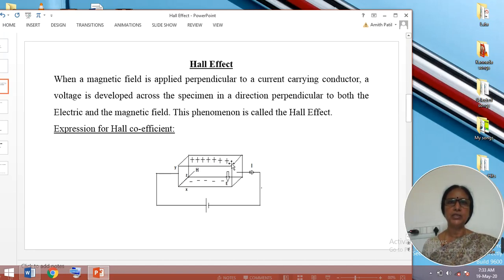As we know that the motion of charges constitutes an electric current, and the conventional direction of the electric current is from positive to negative, the current starts flowing along this direction, the downward direction. So the motion of charges continues until an equilibrium condition is attained.